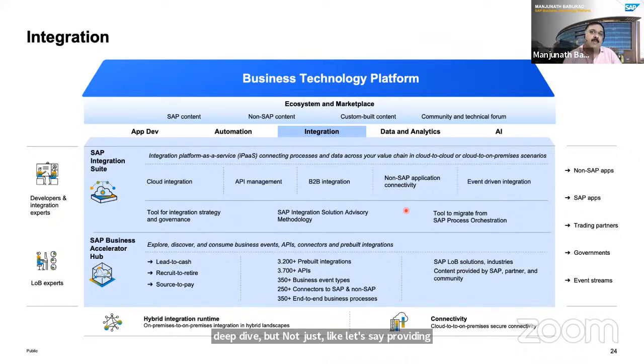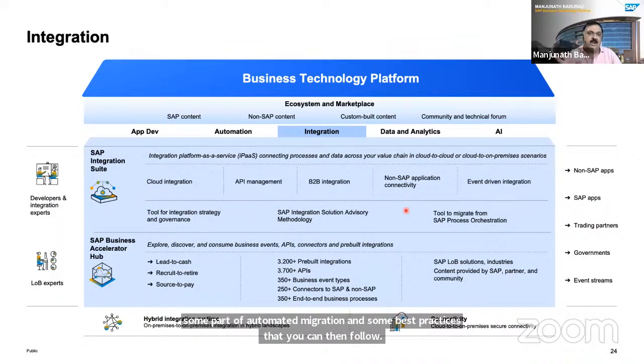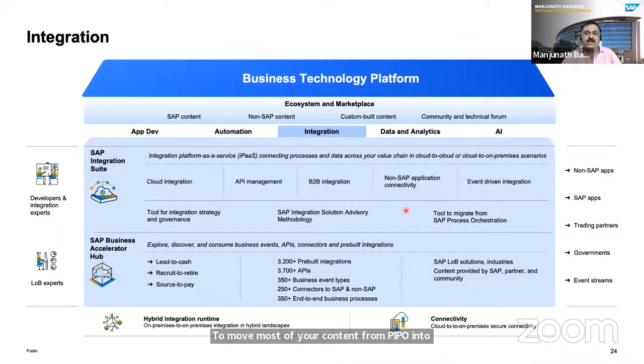We also have capabilities which, if you are coming in from the on-premises side, the PI/PO side of the house, we also have migration capabilities in the SAP Integration Suite to take you from PI/PO into the SAP Integration Suite as well, by going through some part of automated migration and some best practices that you can then follow to move most of your content from PI/PO into the Integration Suite as well.